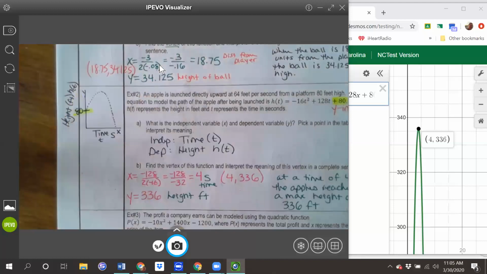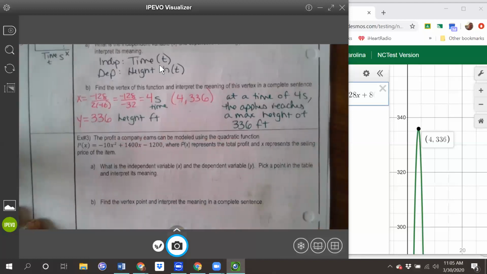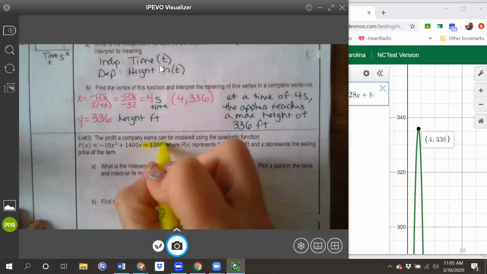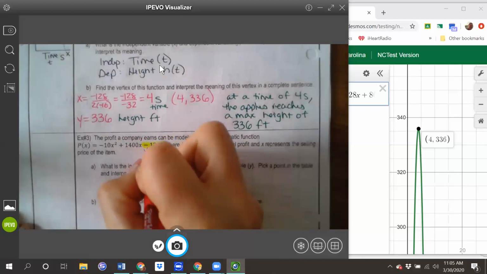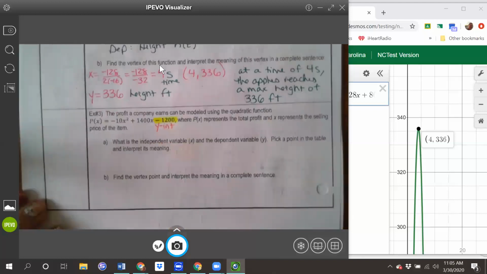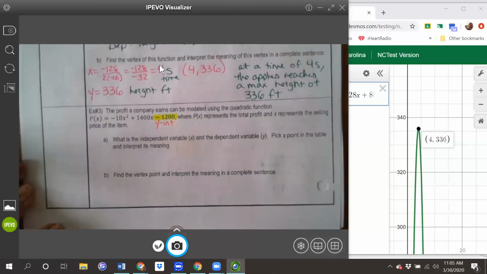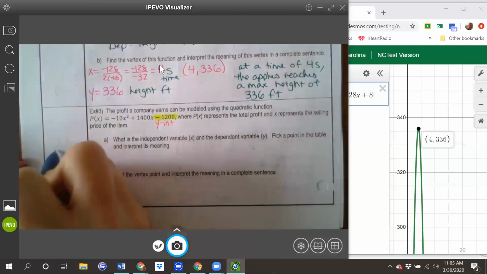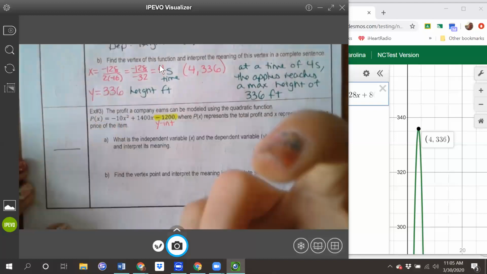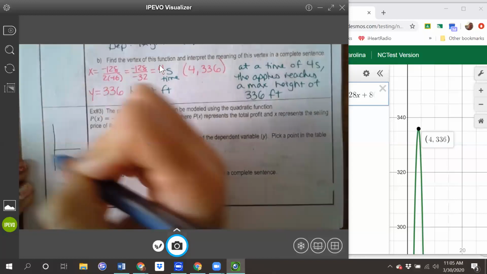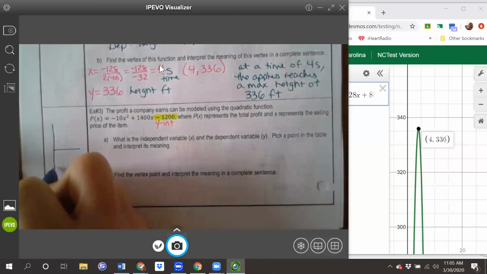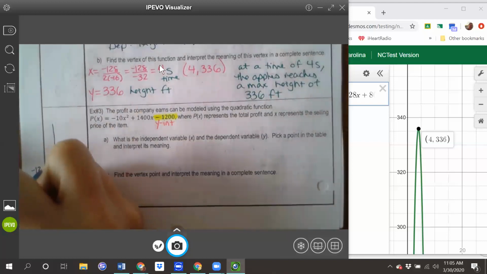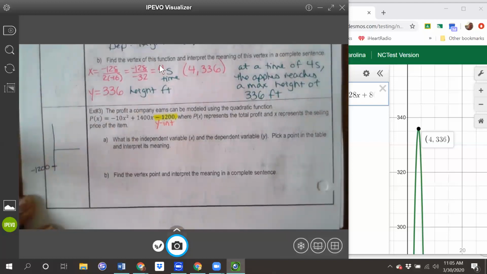So the apple was launched from 80 feet. So the y-intercept here is going to be negative 1200. So let me draw a picture of this. If that's the ground, or 0, that means that with this profit, we are starting way down here at negative $1,200.